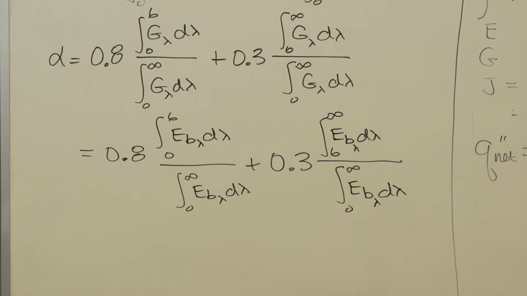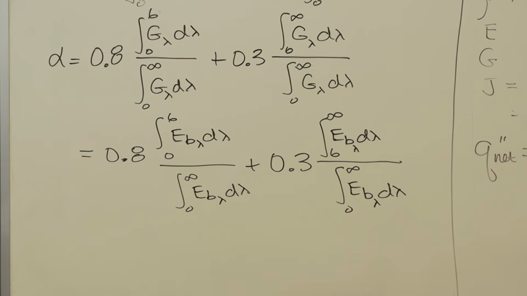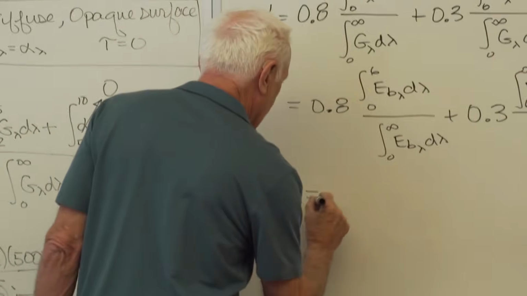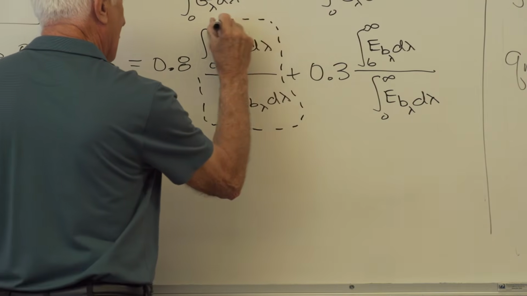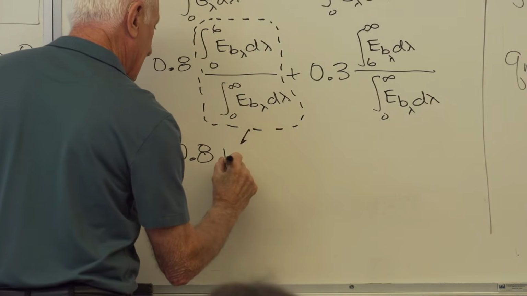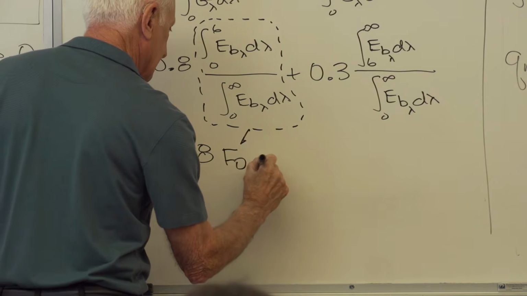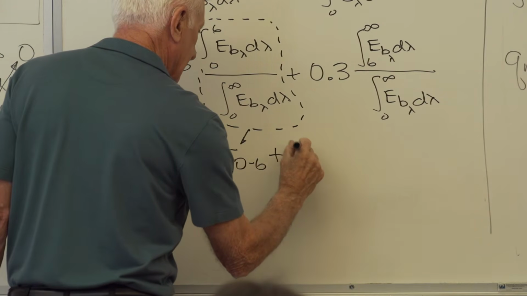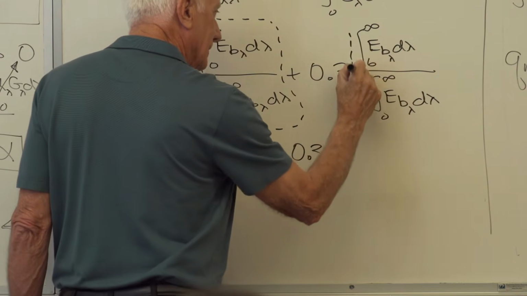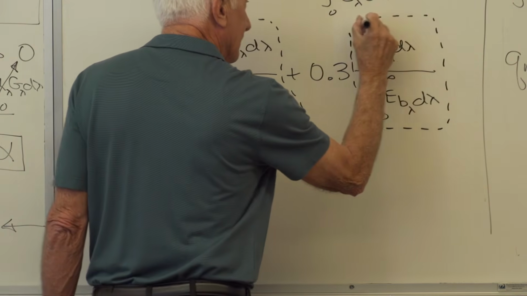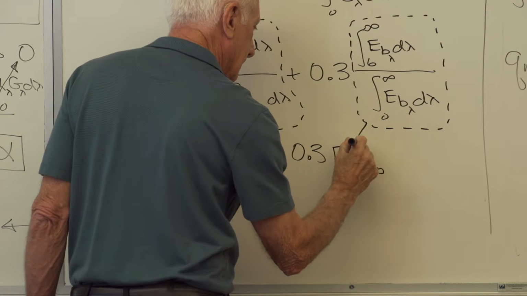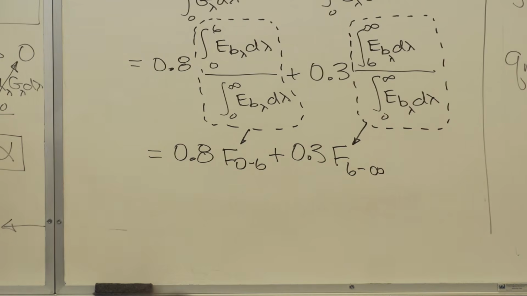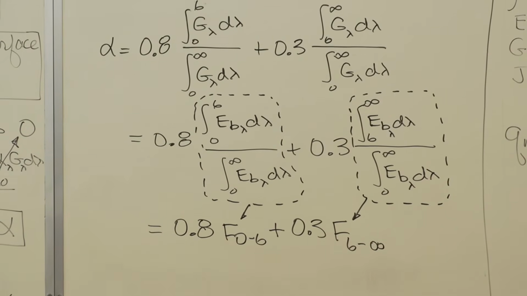Okay. And then I say, well, you know what that looks like? That looks like the fraction of energy from 0 to 6. Right. And I say, you know what that looks like? That's the fraction of energy from 6 to infinity. Right. Then what do I do? I go to table 12.1.